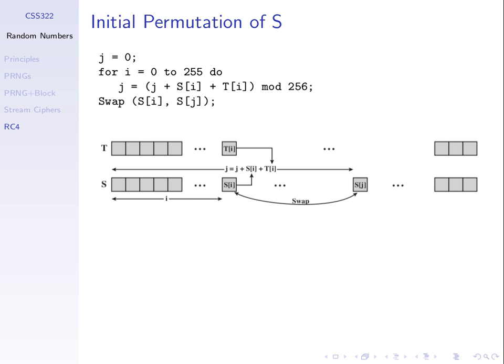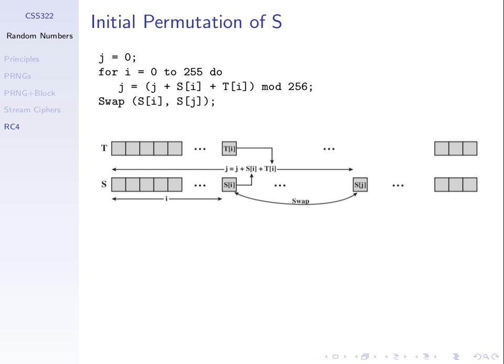Let's do that on a simplified case. So remember, in the simplified example, we're not using 256 elements in a vector, we're using just 8 elements.